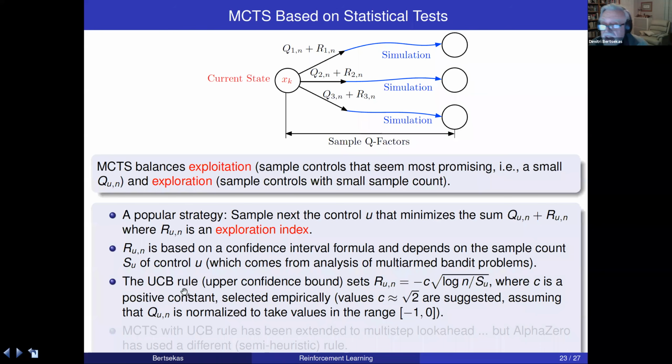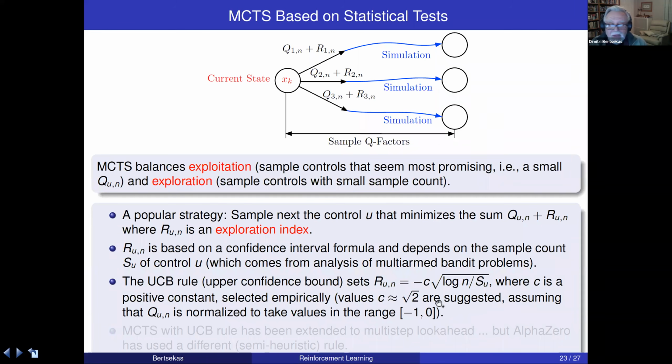This is called the UCB rule, upper confidence bound. And the formula is this expression. It depends on the number of samples. It depends on SU, the sample count of control U. And it depends also on a constant. And the multi-arm bandit analysis suggests C equals square root of 2.